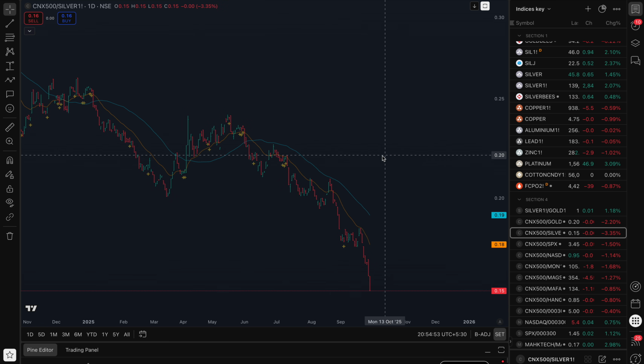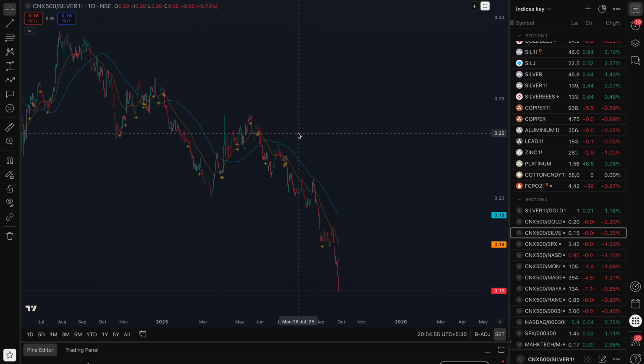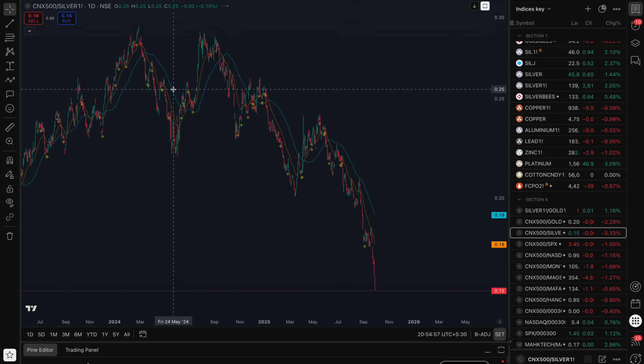That means silver is going strong, and this is the double top. Last July was the time to allocate to silver, or get your money out of India into precious metals. The same thing you can do for US markets as well.